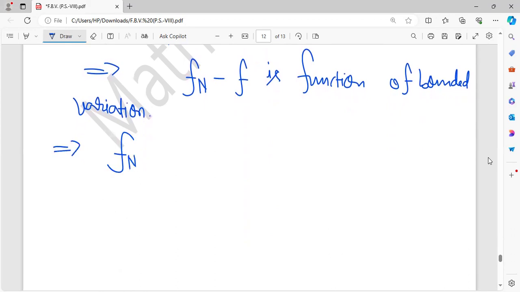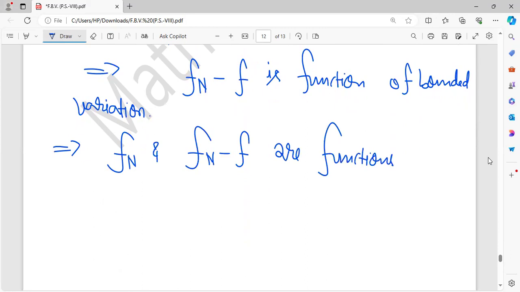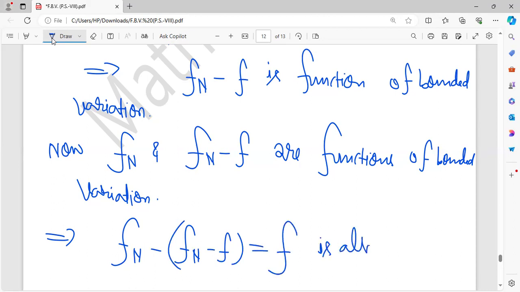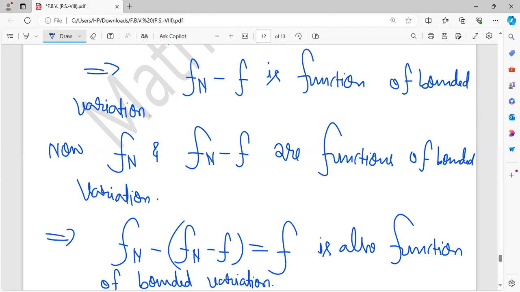This implies their difference, that is f, is also a function of bounded variation.